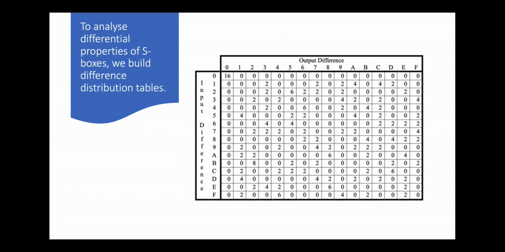So in case of differential cryptanalysis, we create the difference distribution table. This one is a difference distribution table, and if we have input 2, we try to find the biggest value in this row, and here it is 6. So for input 2, the output could be 5.